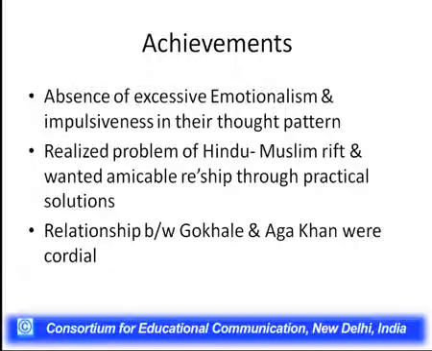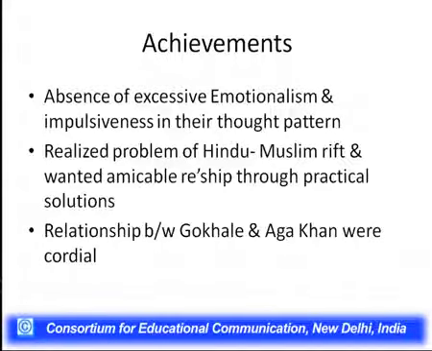When you talk about the achievements, we will argue that there was no excessive emotionalism. There was not much impulsiveness in their thought pattern; they were more rational. They also realized the problem of the Hindu-Muslim rift, and they wanted amicable relationships through practical solutions, and that is why you find that Aga Khan, who was a member of the Muslim League, and Gokhale, who was a member of the Congress, had quite a cordial relationship.